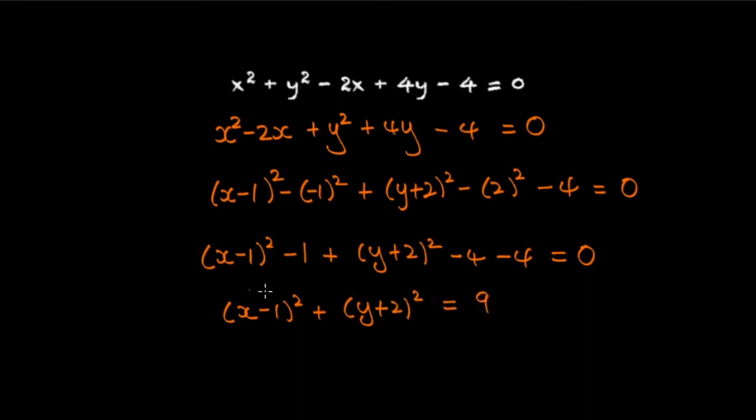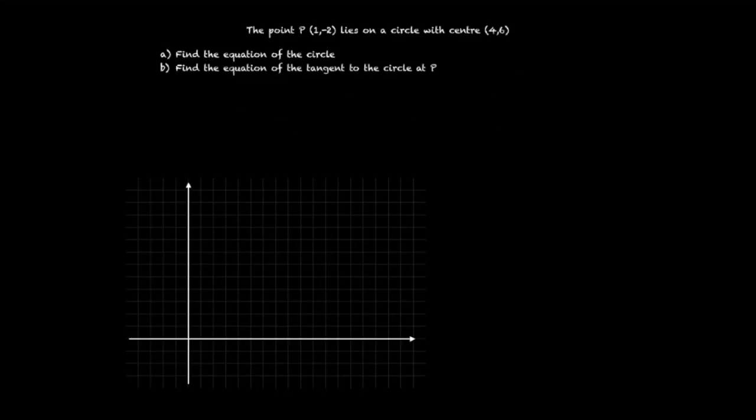And so from this form of the equation, we know that the centre of this circle is (1, minus 2). And we know the radius is the square root of the constant we have on the right hand side. And so the radius is 3.